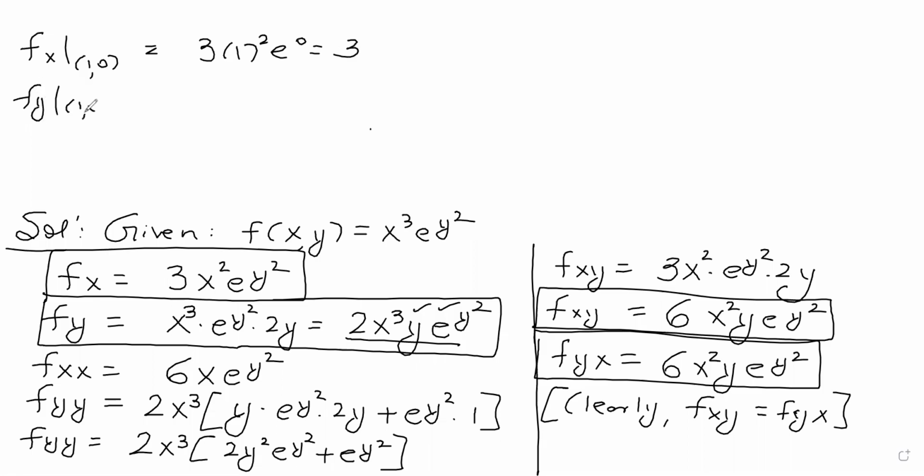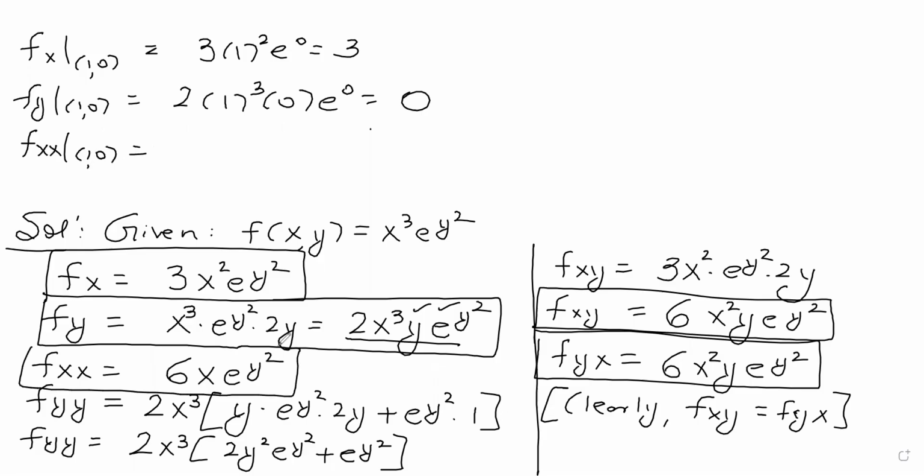Fy at 1, 0 will be 2 times 1 cube into 0 e to the power 0 square, which is 0. Then we have fxx at 1, 0.